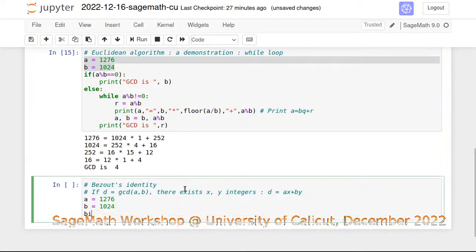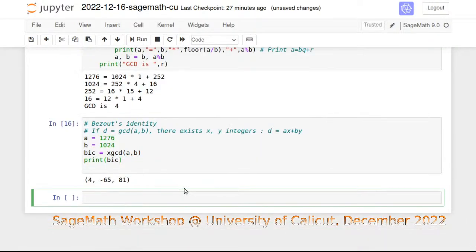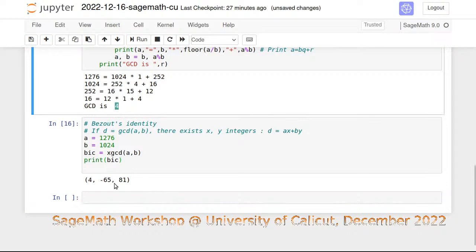Call the Bezout identity coefficients BIC, xgcd of A and B. Let's print it. So 4, minus 65, 81. You should read it as 4 equals minus 65 times A plus 81 times B.